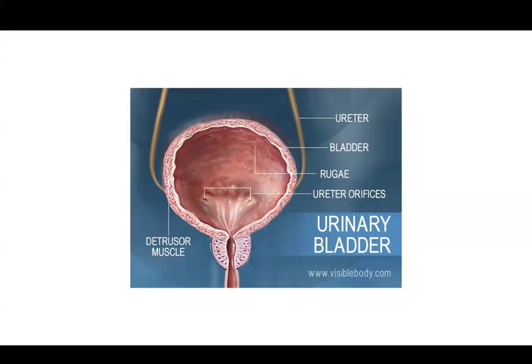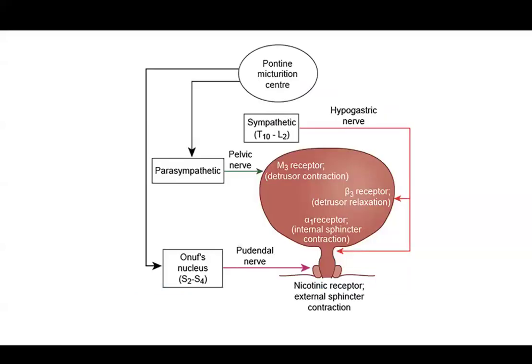And how is this function maintained? Here, this picture shows the nerve supply of the urinary bladder. You know, the bladder is supplied by sympathetic, parasympathetic, and somatic nerve supply. Sympathetic supply is thoracic 10 to lumbar 1. What do sympathetic nerves do?